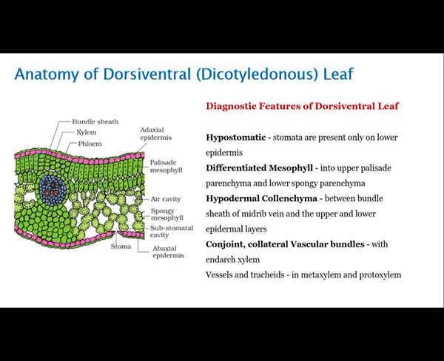The upper epidermis is called the adaxial epidermis, and the lower epidermis is called the abaxial epidermis. Both these epidermis are single layered, barrel shaped, parenchymatous and with cuticle. And the stomata is present only in the abaxial epidermis, that is on the lower surface of the leaf in case of a dicot leaf.